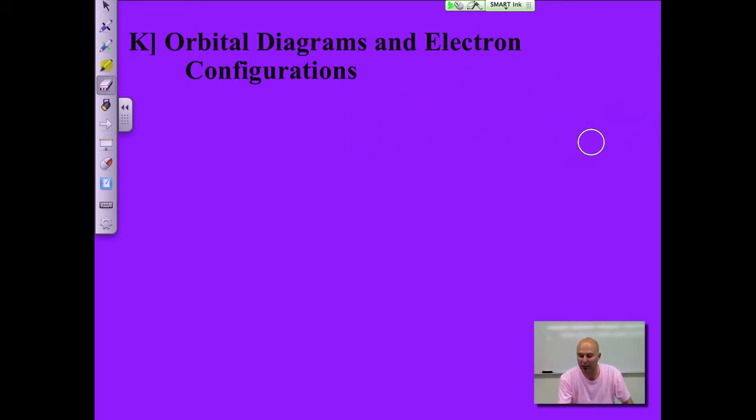This is a way of diagramming where it is, and it also can talk about in which orbital it is. And again, I can't remind you enough that we have our SPDF orbitals. So our orbital diagrams and electron configurations are going to be a way of doing that. So let's take a look at describing that in just a bit here.